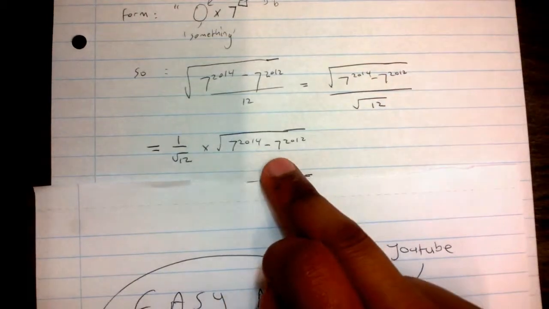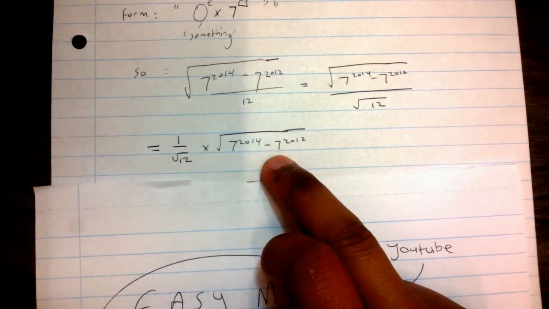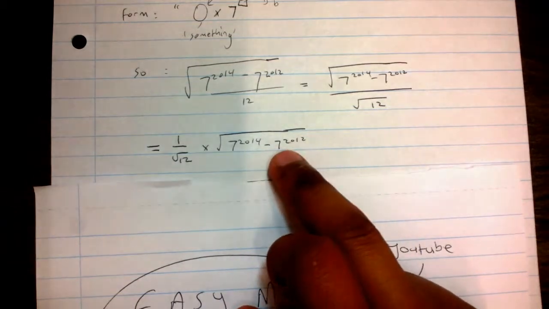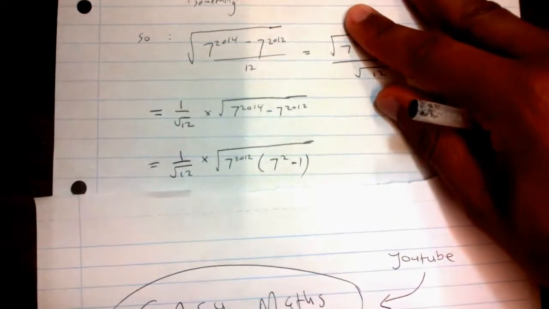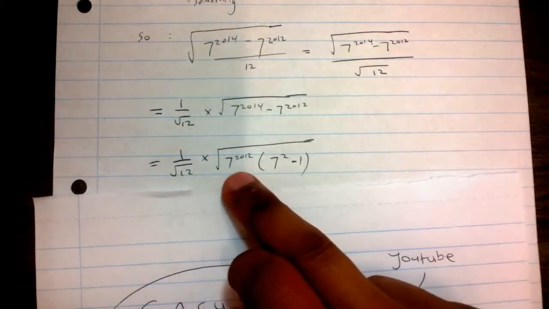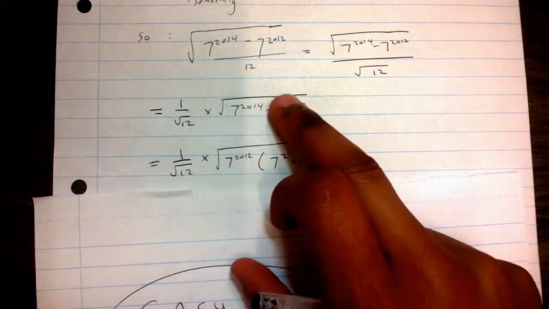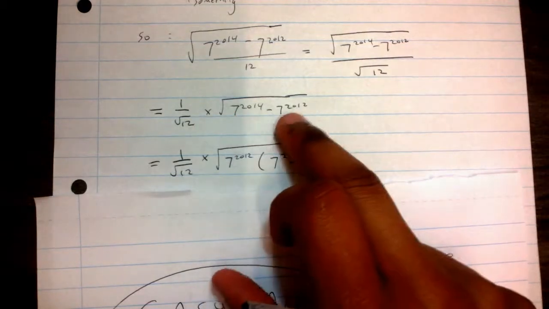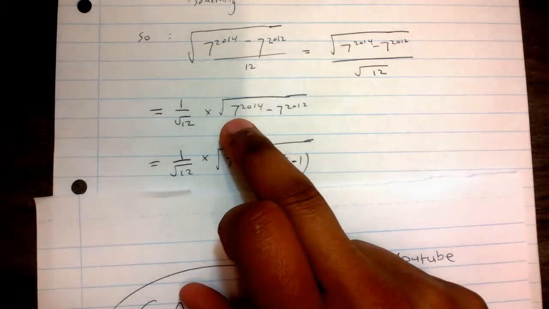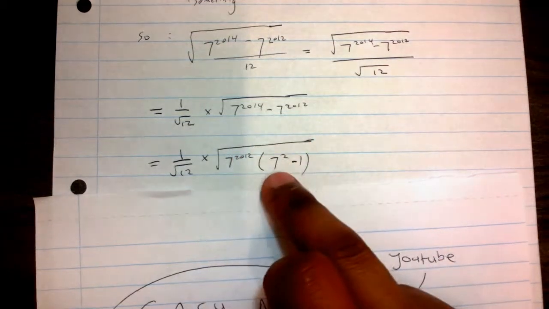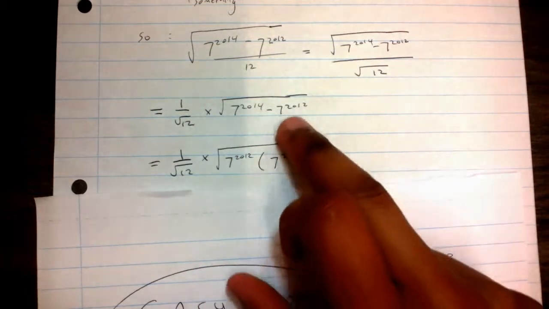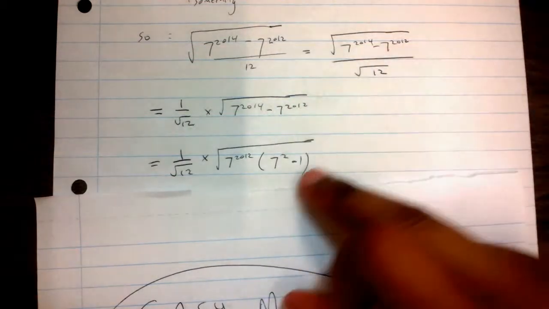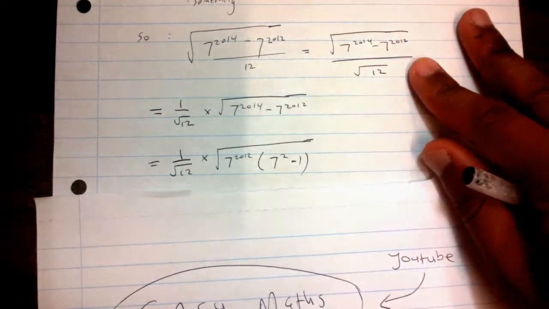The next obvious thing is to take a common factor of 7 to the power 2012. Inside this root, taking out 7 to the power 2012, 7 to the power 2014 divided by 7 to the power 2012 gives 7 to the power 2, and because you took 7 to the power 2012 out as a common factor, you will have 1 here.